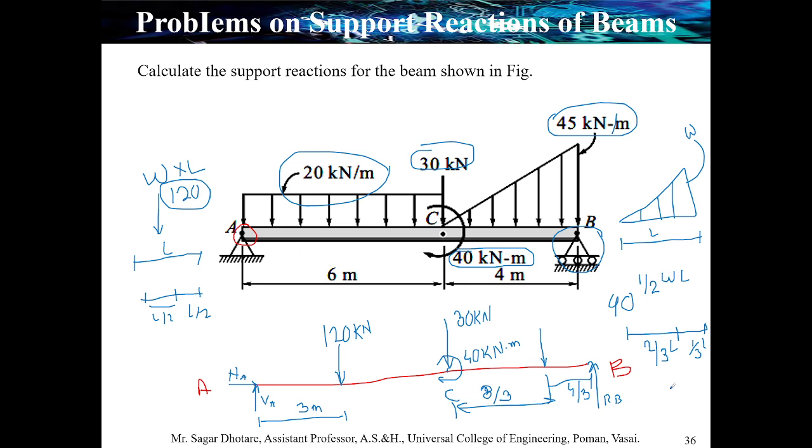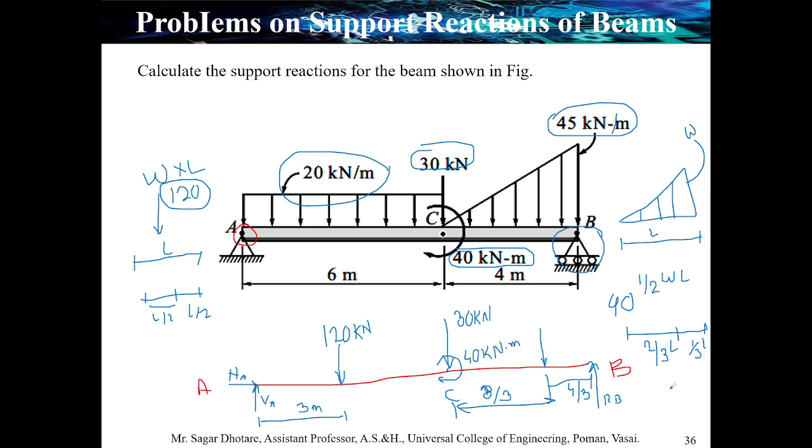Now if you see the distributed loads, the first one is the uniform distributed load, I will use the short form UDL, and the second one is the uniform varying load, you can use the shortcut UVL.